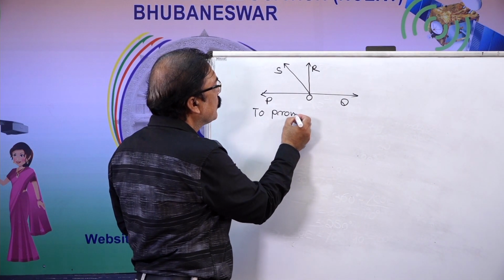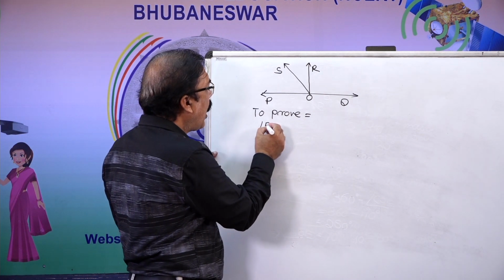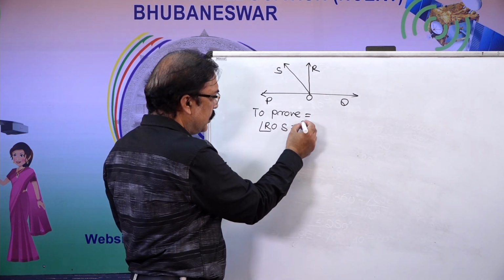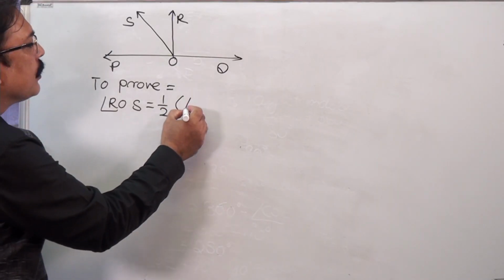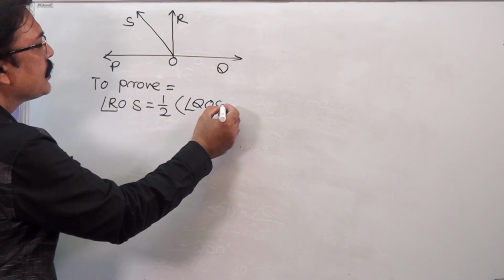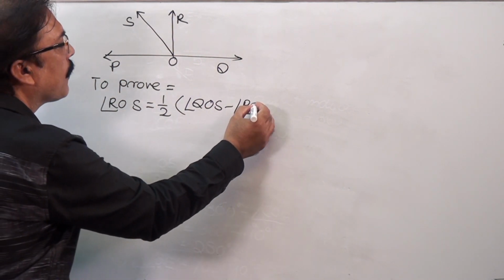To prove, we have to prove angle ROS is equal to half of angle QOS minus angle POS.